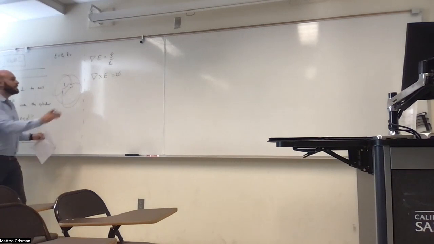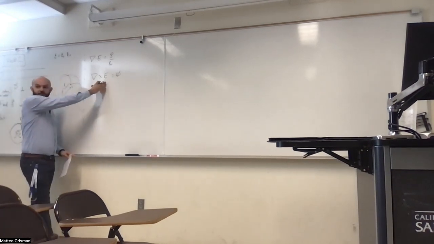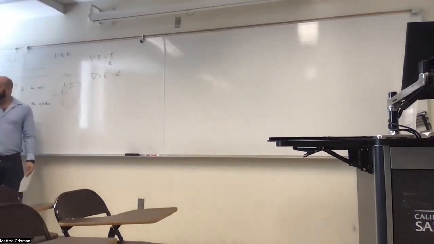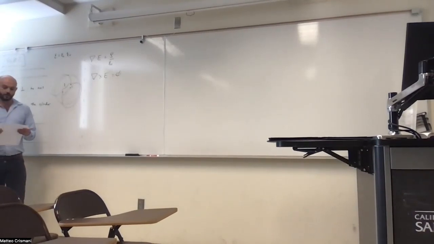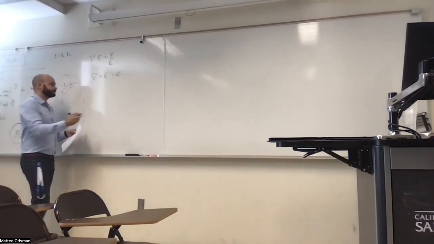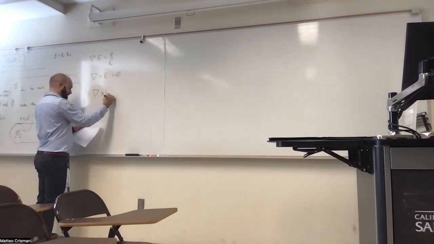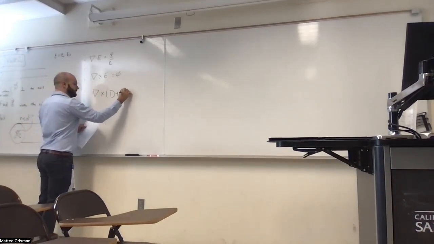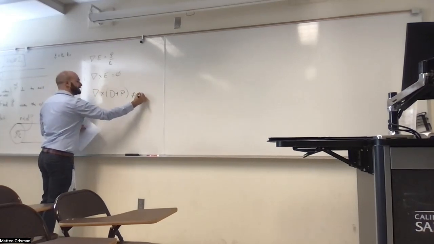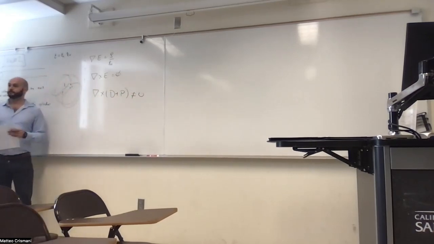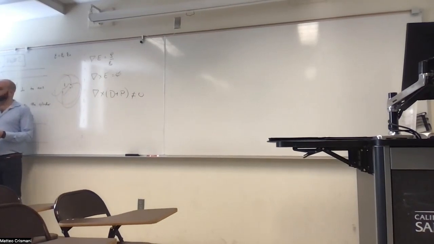Okay. So this is the case for the electric field, but not necessarily for D plus P. So I'm going to just state this and then we'll basically leave it. D plus P doesn't have to be 0. There's no reason that D can't have a curl.